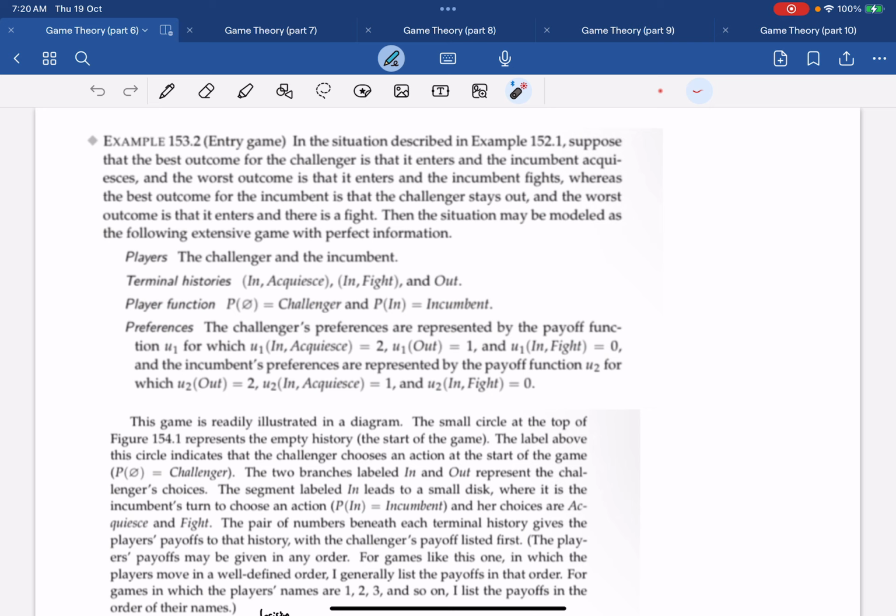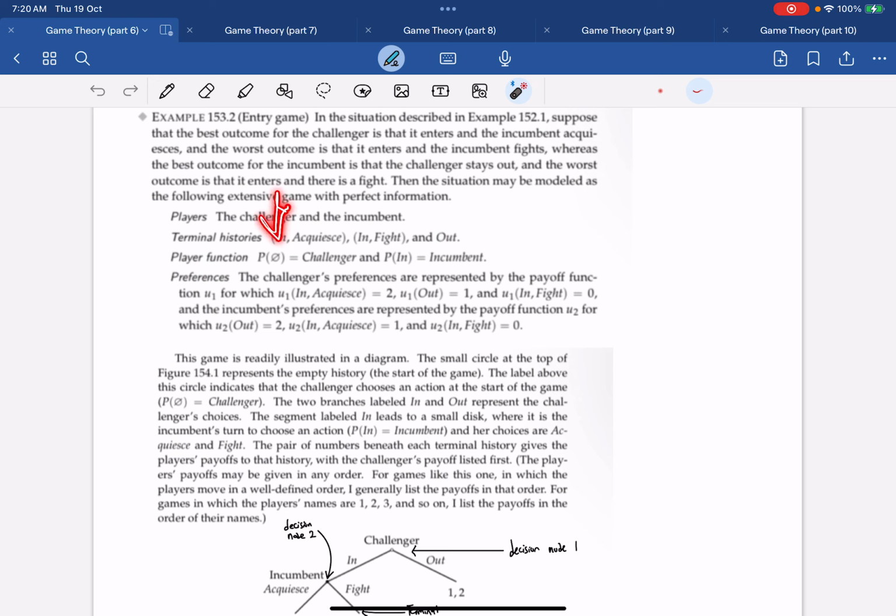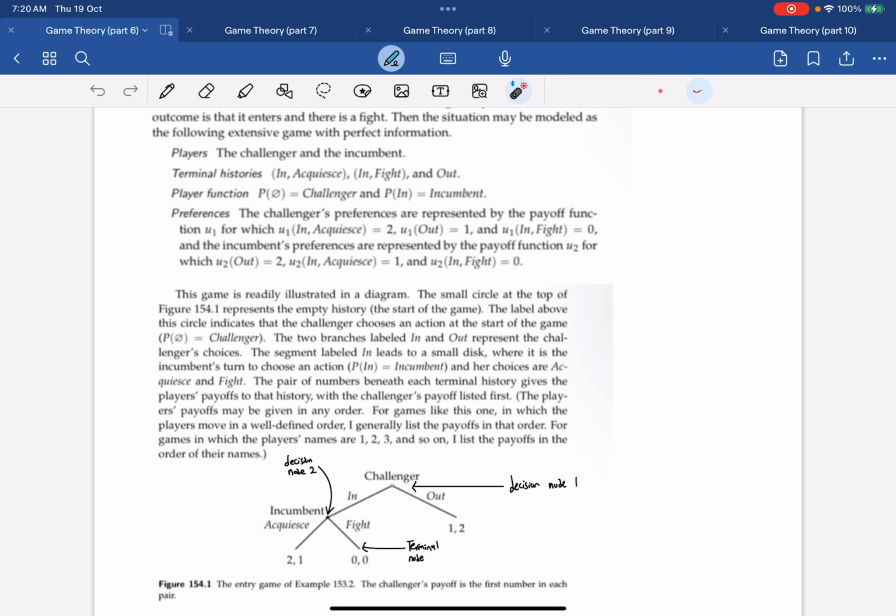The challenger can either enter or stay out, and then this will lead to the incumbent fighting or not. So either you go in and he doesn't fight, you go in and he fights, or you just stay out, and then there is no second round. And these are the payoff functions.